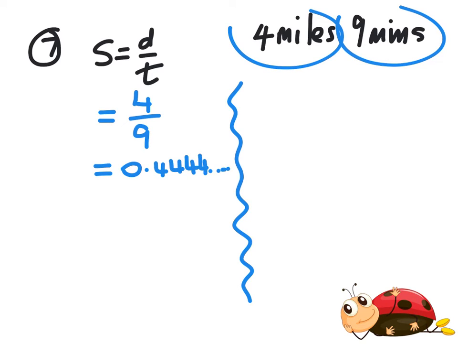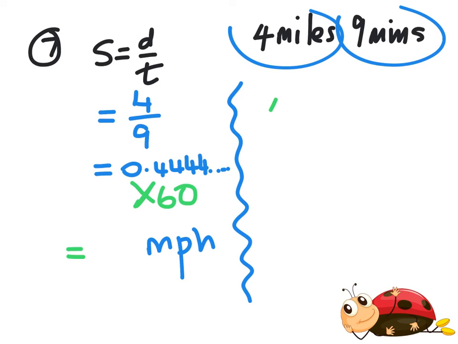Okay, but that's in miles per minute. So if I want to change it to miles per hour, then I've got to times it by 60. So whatever my answer is, I times it by 60. So 0.44444 times 60 is, I'll let you work that one out yourself.